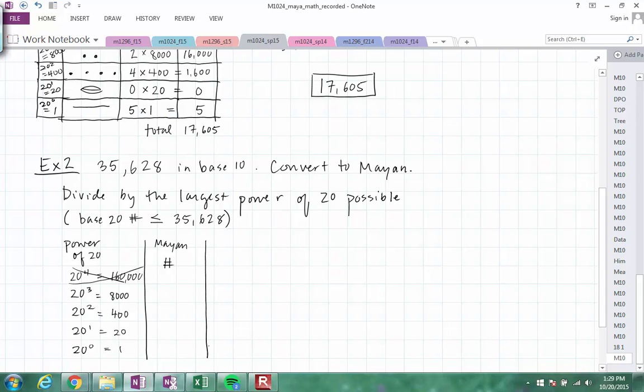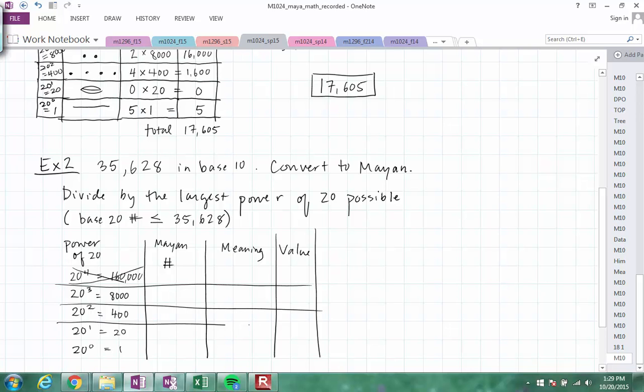I'll just keep all these columns the same. We might not put all these numbers in, but this is our template. So our answer is going to be the column that says Mayan number.